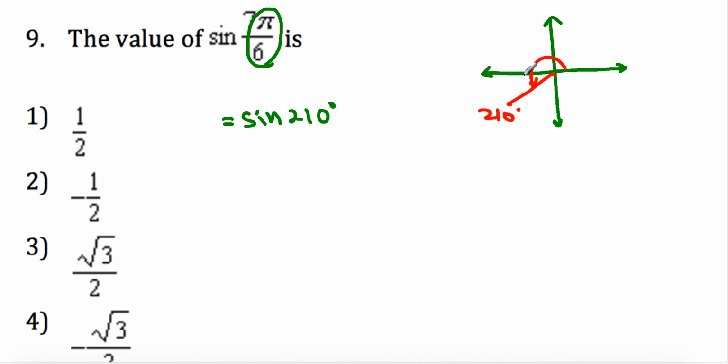So 210 actually came from 180, 30 more degrees. So you know the reference angle is equal to 30. So then we end up getting sine of 30 degrees, but since it's on the third quadrant, sine has to be negative. What is sine of 30? That's equal to 1/2, so we get negative 1/2 as our answer, choice 2.